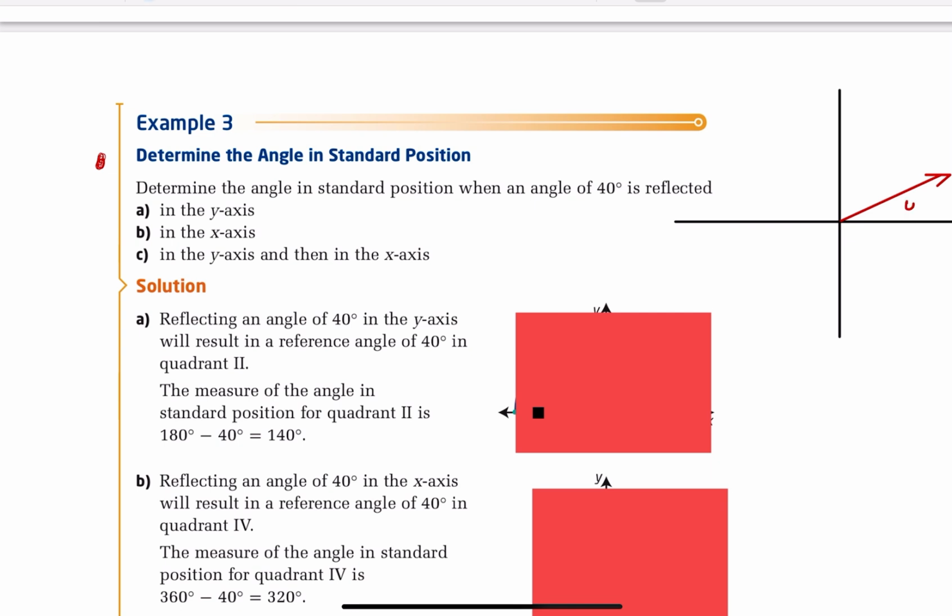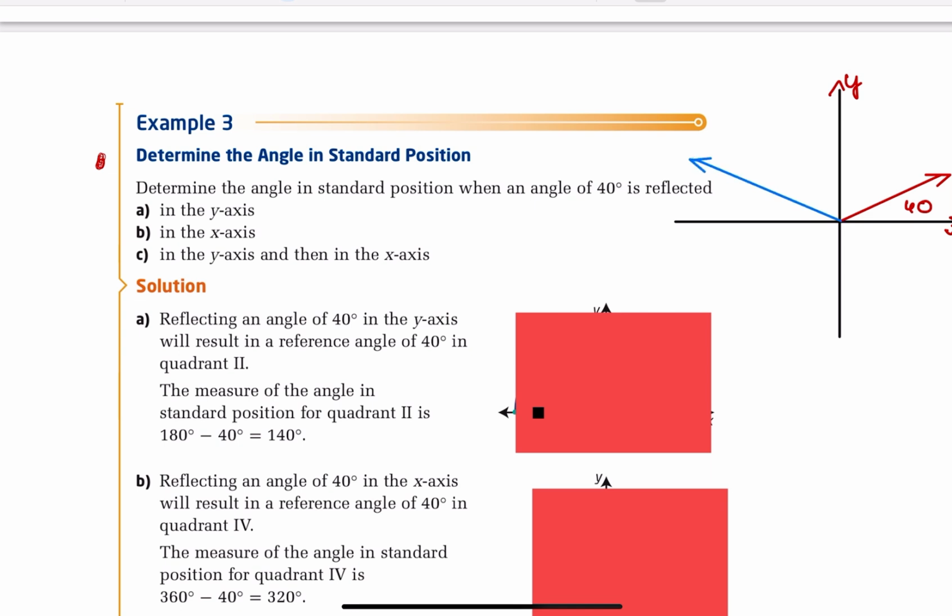So this is your 40°, and they are asking what happens if it is reflected over the y-axis. So this is the y-axis, and this is the x-axis. If you reflect this angle over this side, your new angle will be like this.